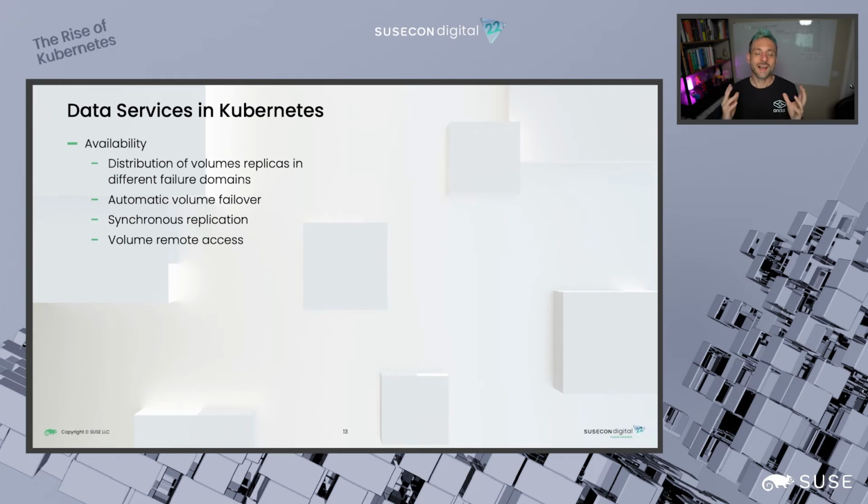So what kind of data services you would need to run stateful sets in Kubernetes the best possible way? First, in terms of availability, right? You want the ability to distribute volume replica in different failure domains. Remember when I was mentioning different availability zones so that you can fail over from one AZ to another AZ.